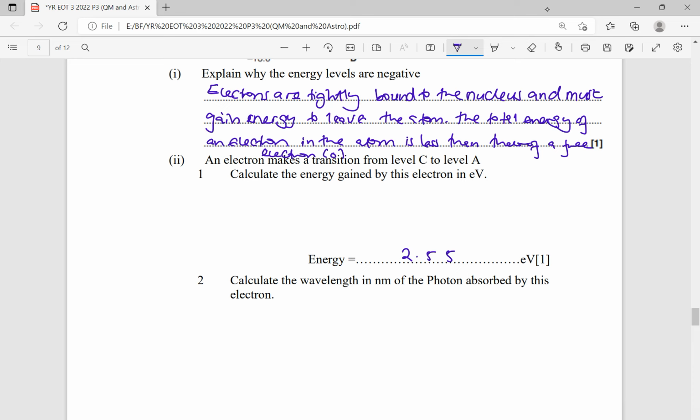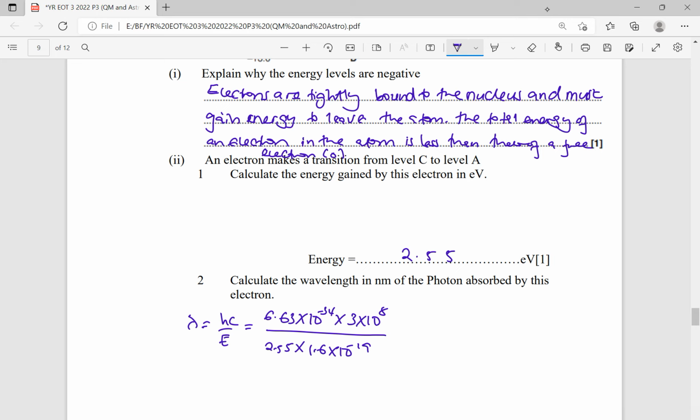So wavelength, from the equation, is going to be hc over E. I just made lambda the subject. 6.63 times 10 power negative 34 times 3 times 10 power 8 divided by the energy, 2.55, changed to joules by multiplying by 1.6 times 10 power negative 19.